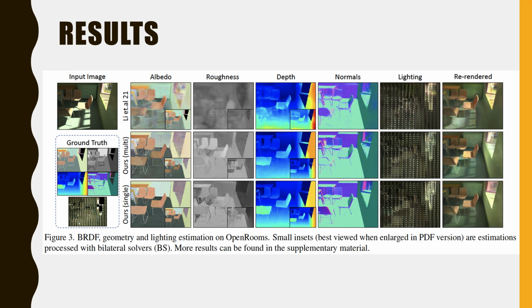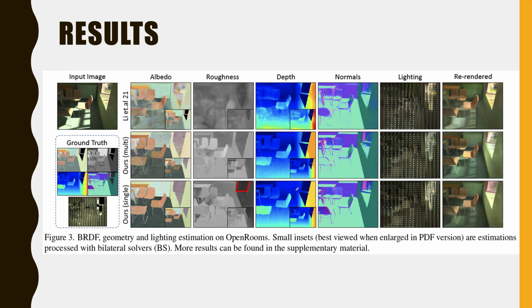And roughness, it's hard to say. Honestly, I cannot decide, especially because, well, okay, here's the ground truth. So maybe again, the single is better because, let's say, this portion here is closer to the ground truth.